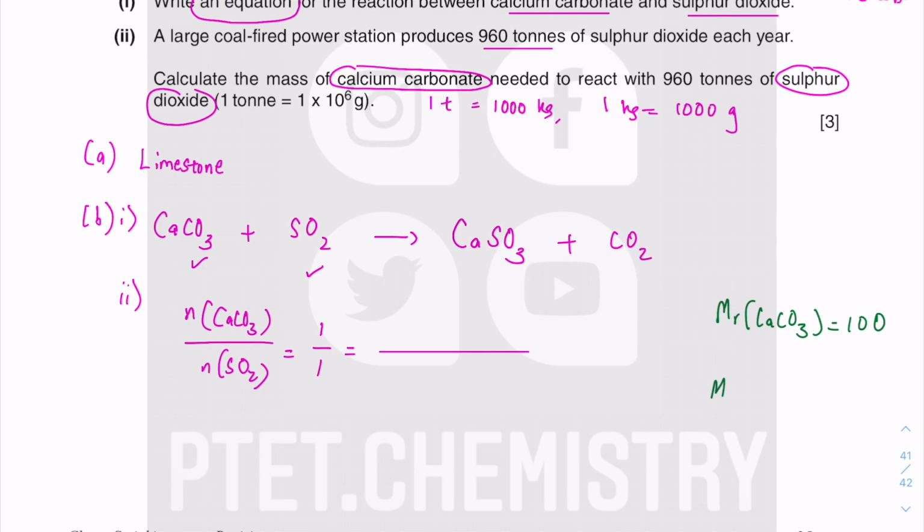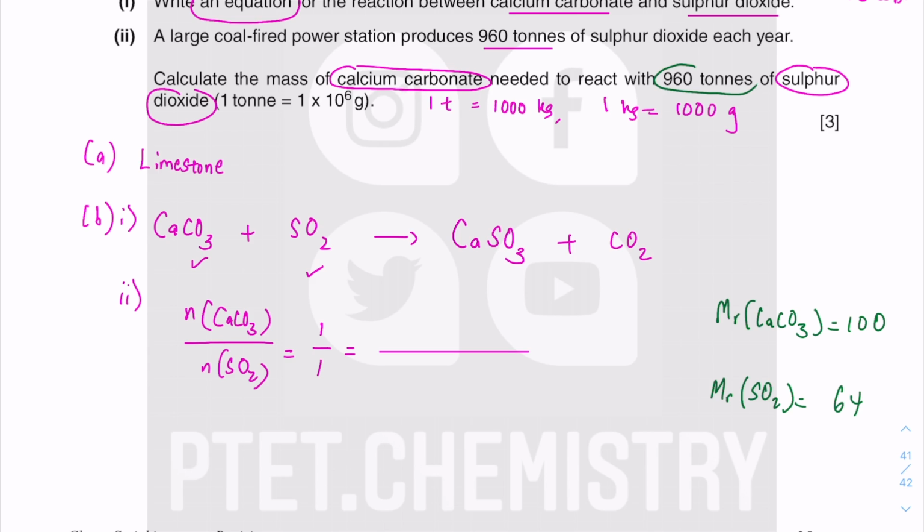I do not need to write down the unit because it's assumed that you know MR means the mass for 1 mole, meaning it's gram per mole. SO2, so 32 relative atomic mass for sulfur, plus 16 times 2 because I have 2 oxygen, so there's 64 there. So I'm dealing with masses here.